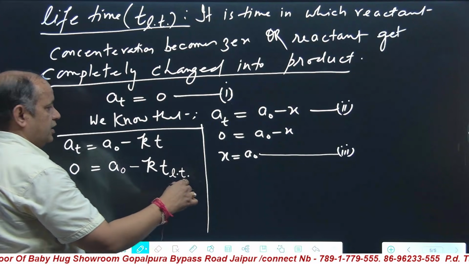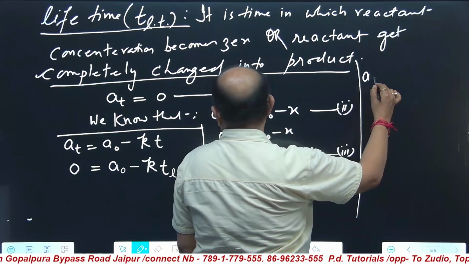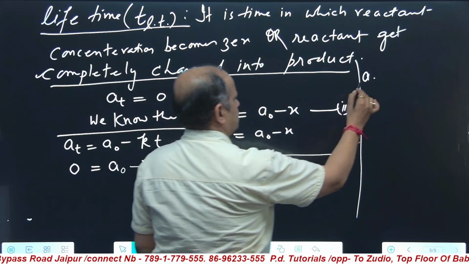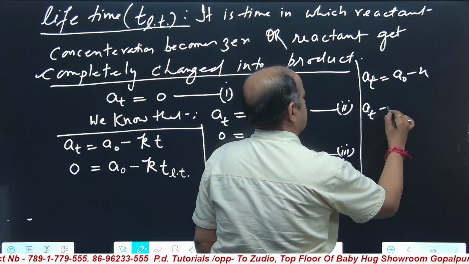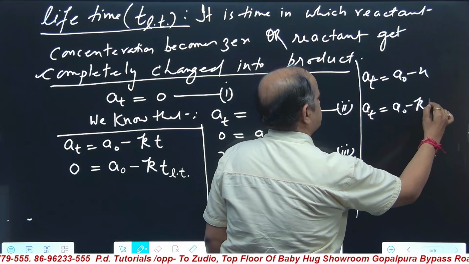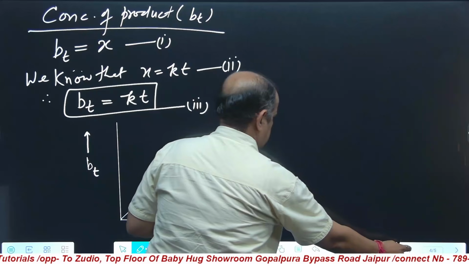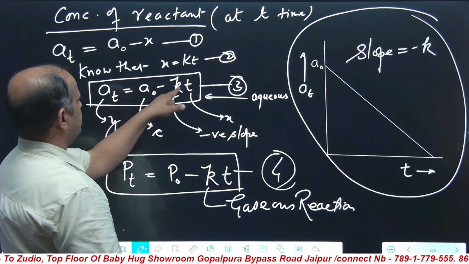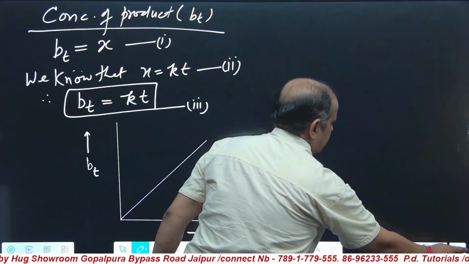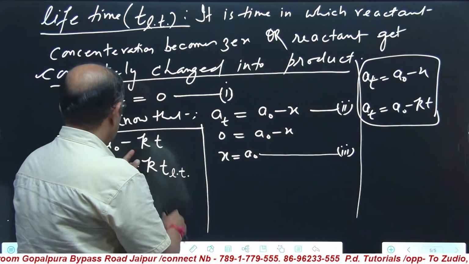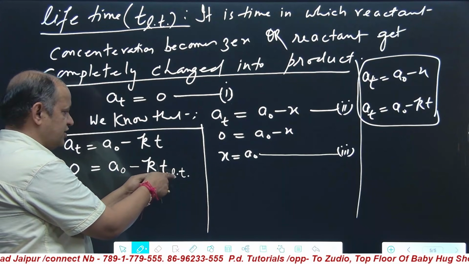Think it again. Gentlemen, we know that At equals A naught minus x and At equals A naught minus kt, as we studied on the previous page. What is t? t is equal to LT.